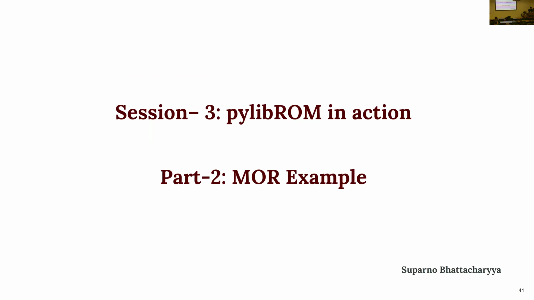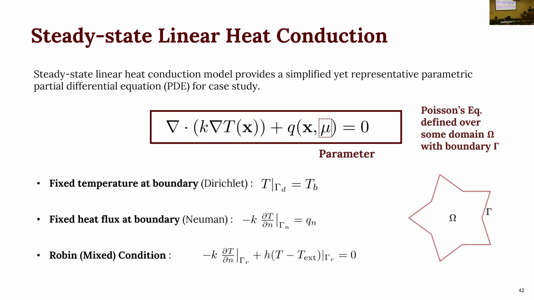So let's actually look at one example where we perform reduced order modeling. Basically, we are going to look into projection-based reduced order models as we have discussed before. As a representative example, we will consider this parametric 3D steady-state linear heat conduction problem. It's defined over some domain omega.